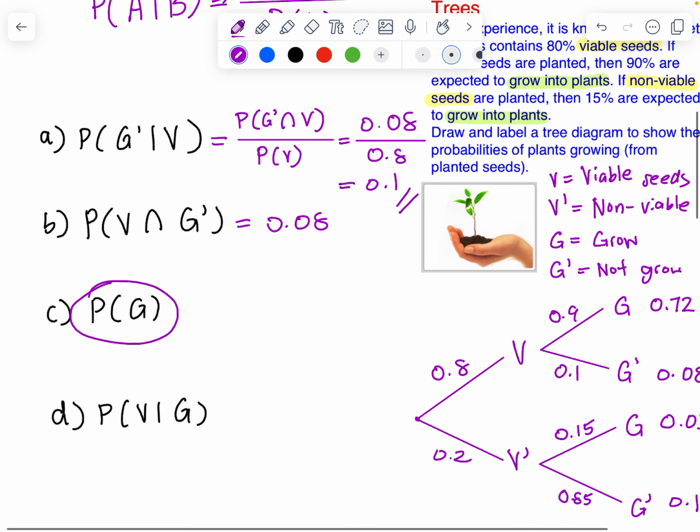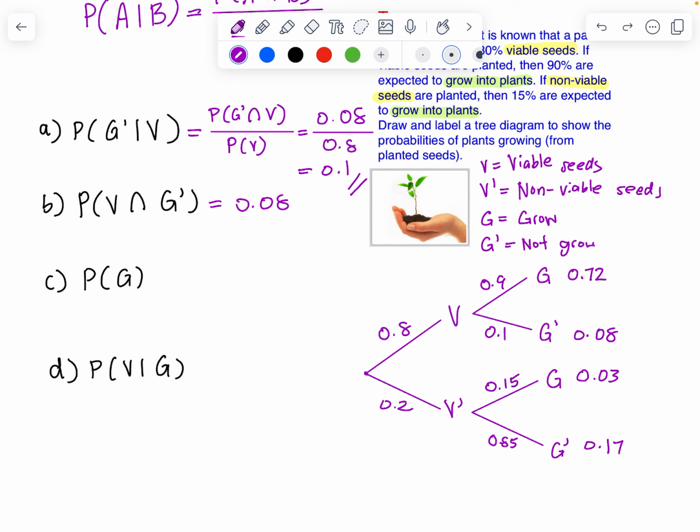Now we have the probability of a plant that grows. Now we see that there are two different values. We have the probability that it will grow. We have 0.72 and 0.03. And when you get this, it basically means something that's happening with or, right? Earlier this represents and, but in this case it's or, right? Because you either are going to get this one or this one, not both.